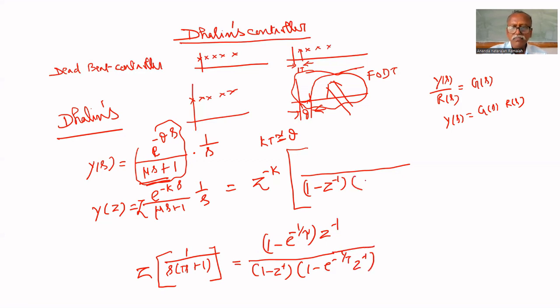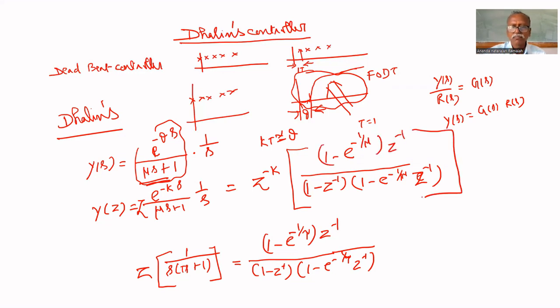Because sampling period T equal to 1, T by tau is 1 by mu. Therefore, the denominator has 1 minus e power minus 1 by mu z power minus 1, and in the numerator, 1 minus e power minus 1 by mu multiplied by z power minus 1. This is Y of z.